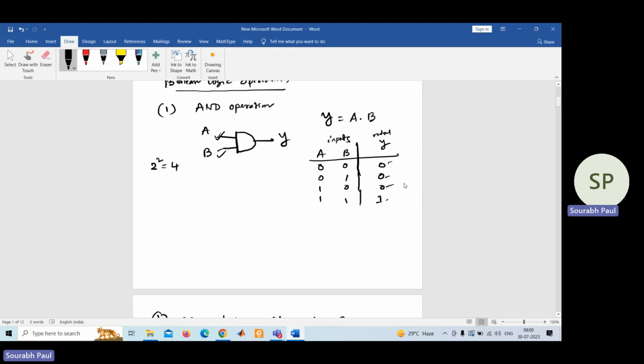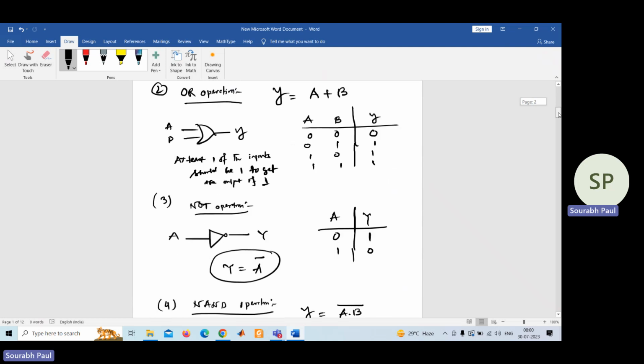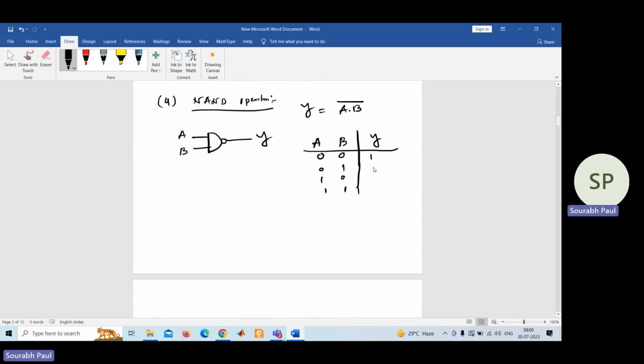So it will be 1, 1, 1, 0. So how to understand or simplify this? The thing is, if both the inputs are 1, then only the output is 0.